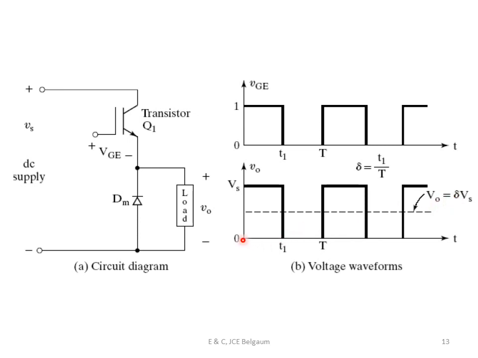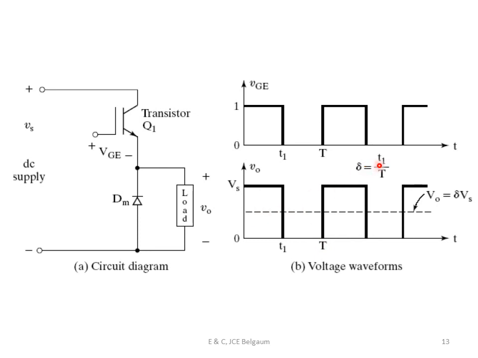If I change the duty cycle or the on time, this average value can go up, thereby I get a variable output voltage. Hence, I can get an output voltage varying from 0 to Vs simply by changing the on time, and keeping the frequency or T the same. When I change the on time, what I'm changing is the duty cycle.